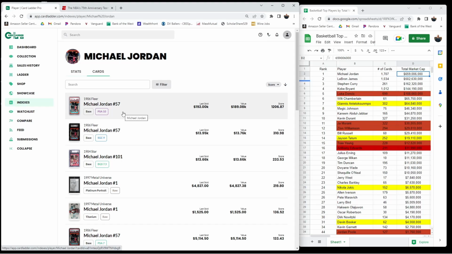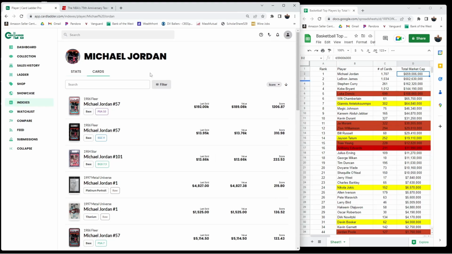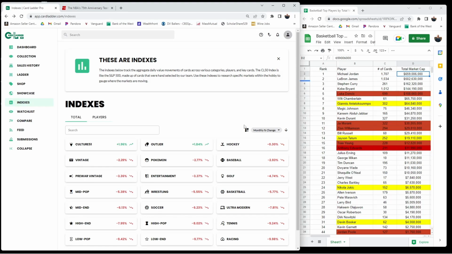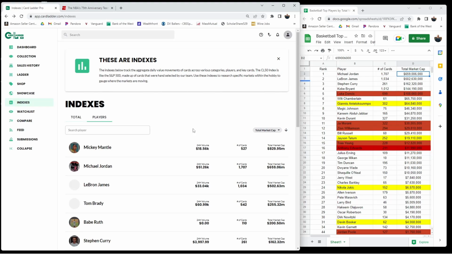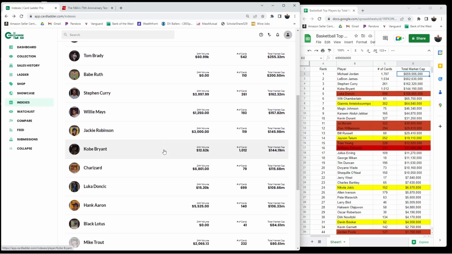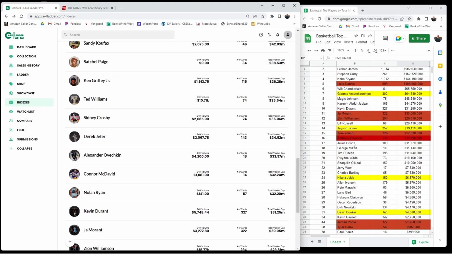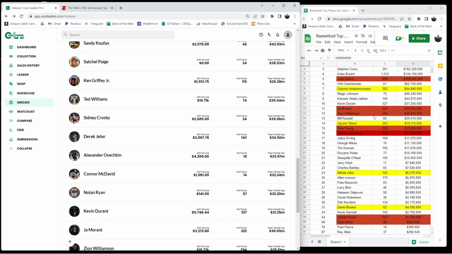It'll show you the card and then the value. So let's go back. Then I just went down and plugged them in over here as I went down the cards, and I kept going and going, just entering the basketball ones. And that's how I came up with this list.